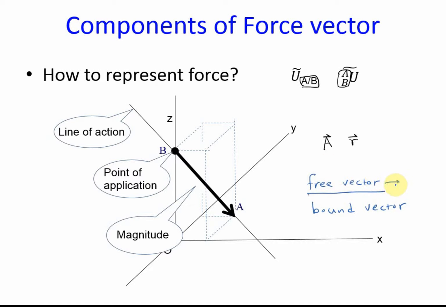A free vector just cares about the magnitude and direction. That means the point of application is not important. But in the bound vector, in addition to magnitude and direction, we also care about the point of application. So the vector that I showed on this slide belongs to the bound vector.